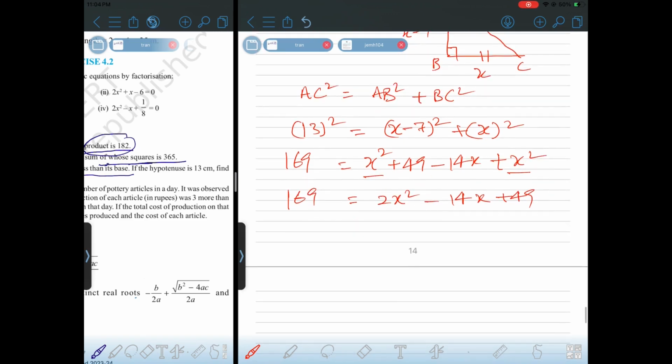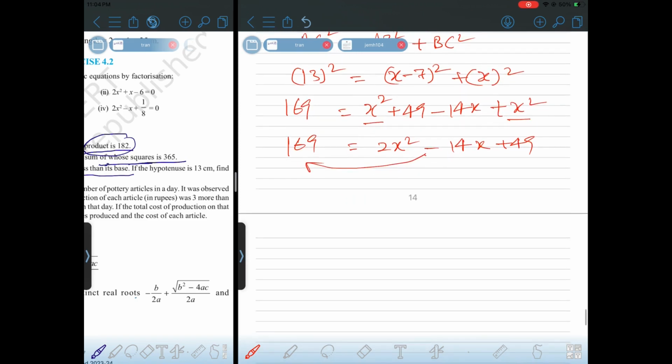Now let's keep this equation on the left hand side. So this is 2x square minus 14x plus 49, and 169 goes to the right hand side, so it becomes minus 169 is equal to 0.